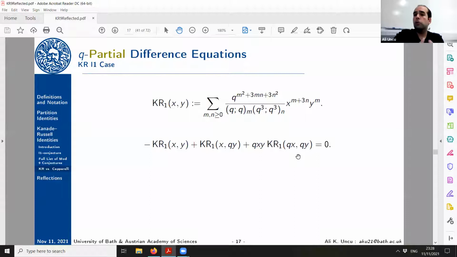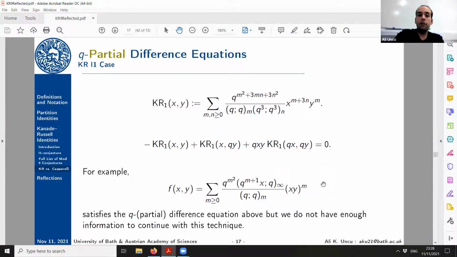But we don't know the entire solution space for this. We tried, and we found at least one solution. So here's this function f(x,y) that satisfies this q-difference equation, and we proved it. But we don't have enough information to actually first span the solution space and then get the KR1, for example. So this was also not the way to prove it.